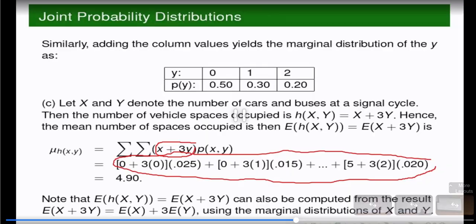Is there anyone who needs clarification on how we got 4.90? Is there anyone? Okay, if you're super cool. This is not the only way we can go about that.